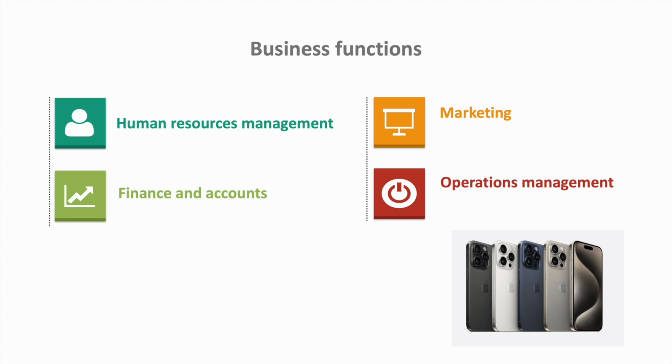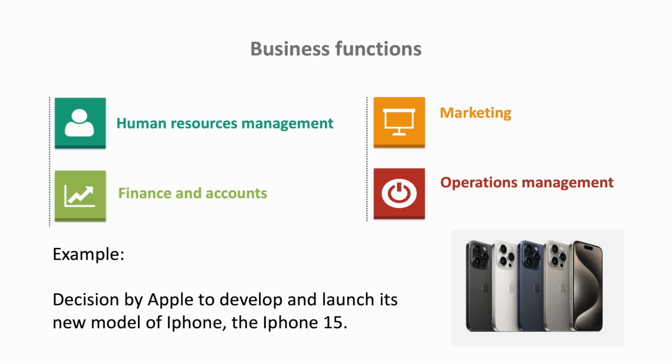You might be wondering, why is a picture of the iPhone 15 here? It's because I would like you to do this exercise. Think of the example. In general, business functions have to cooperate. They cooperate on different decisions, on different tasks within the business.